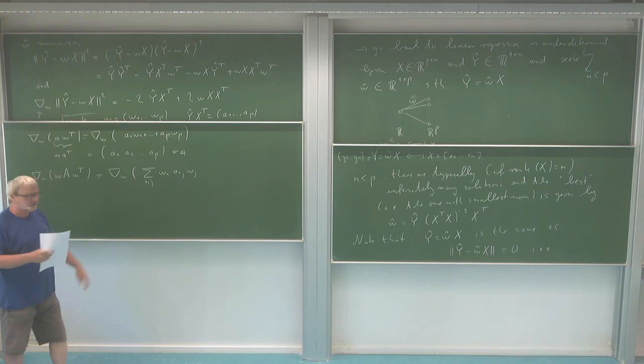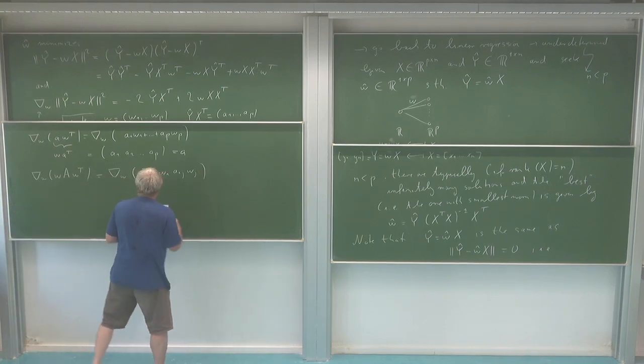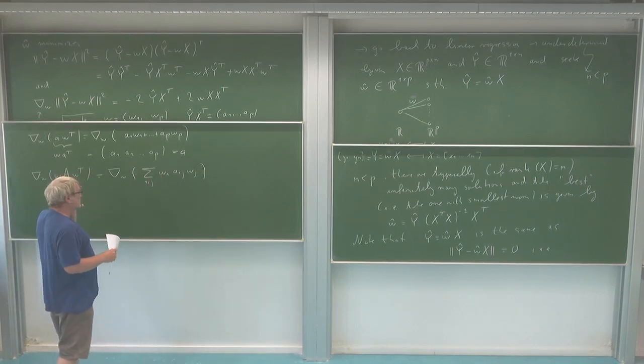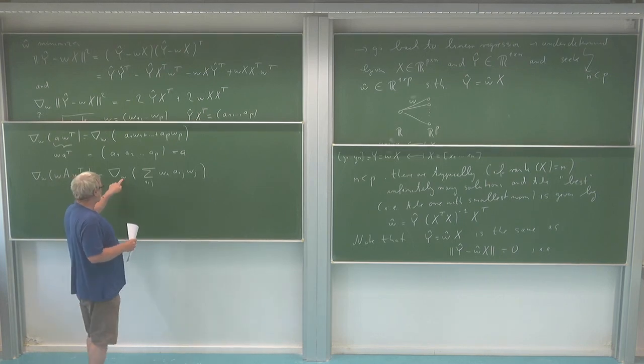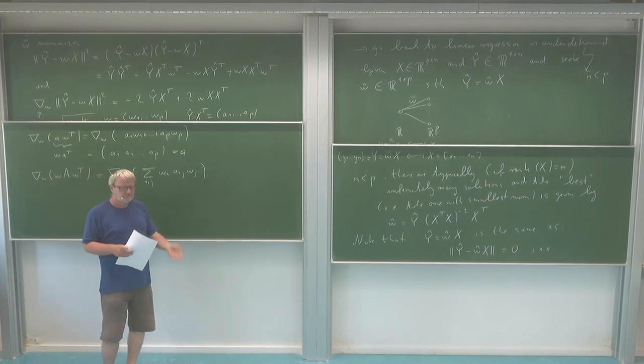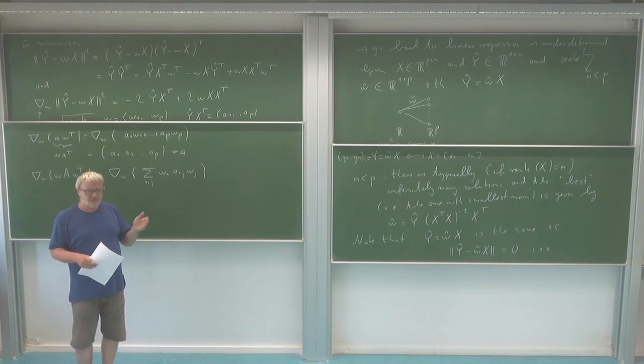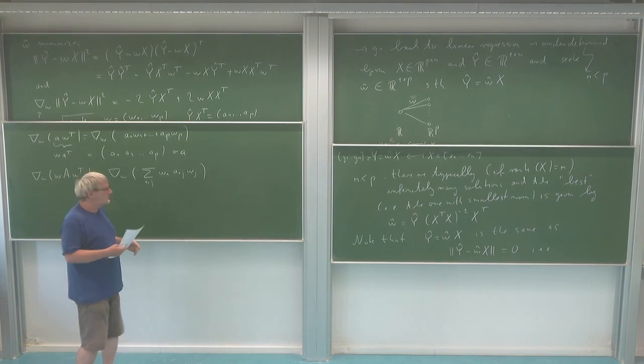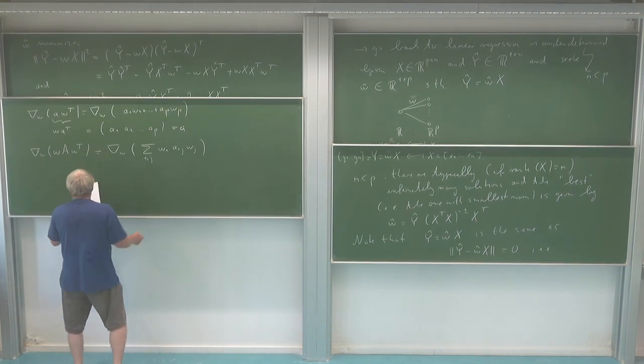Just doing matrix multiplication, or vector times matrix times vector. Okay, and now I take the derivative with respect to W1 and then the derivative with respect to W2, and I write this down as a row vector.